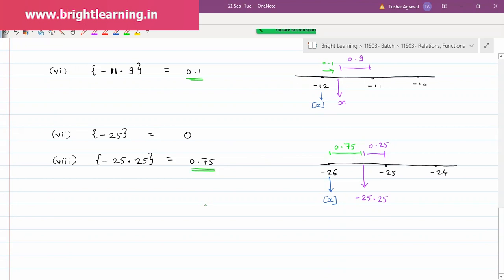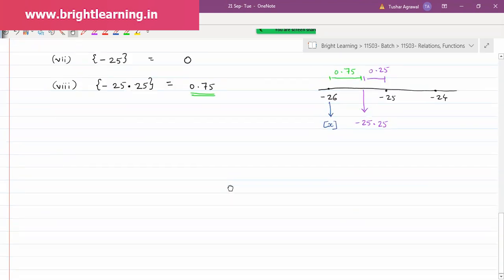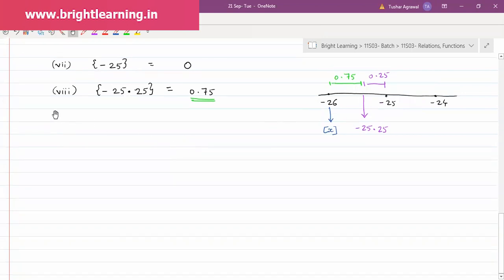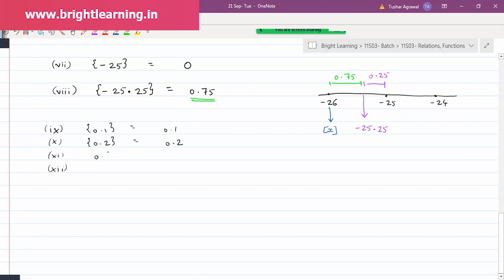So now if I tell you to draw the graph of this, for that matter, 0, 1, 2. Can you see that the fractional part of 0.1 is 0.1 only? 0.2, its fractional part is 0.2 only. 0.3, its fractional part is 0.3 only, because the greatest integer function is 0.